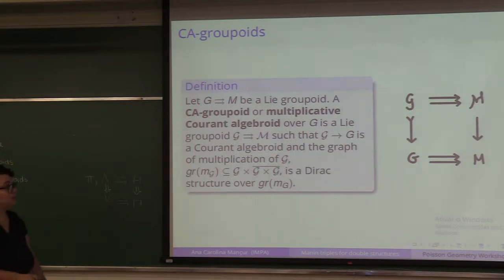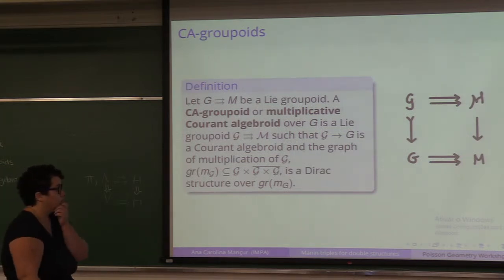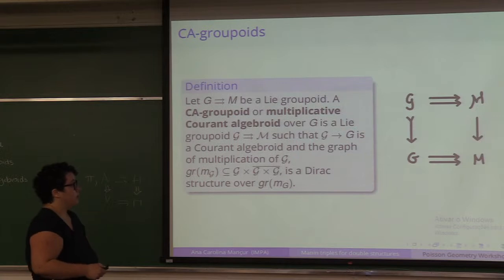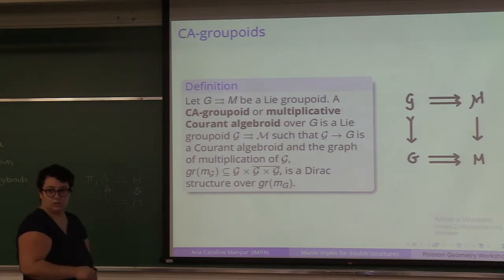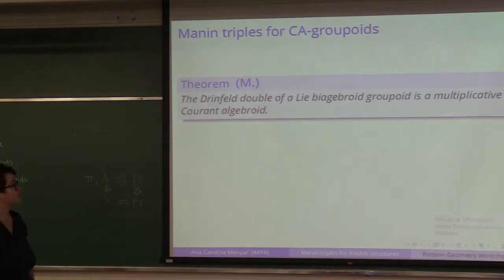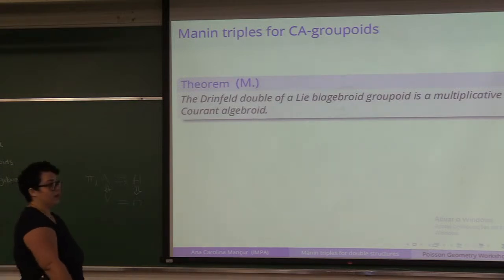But here we don't do that. So the compatibility here is that the graph of the multiplication of this groupoid, the groupoid right here, is Dirac in this product. And our first theorem is that the Drinfeld double of a Lie bialgebroid groupoid is a multiplicative Courant algebroid.